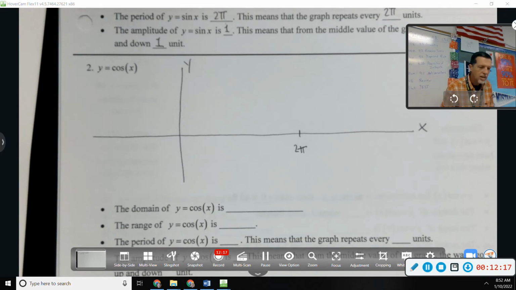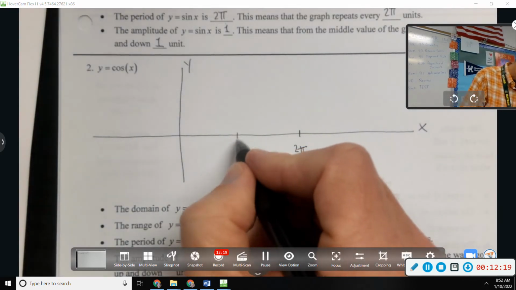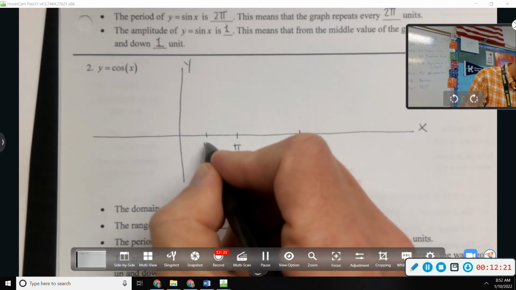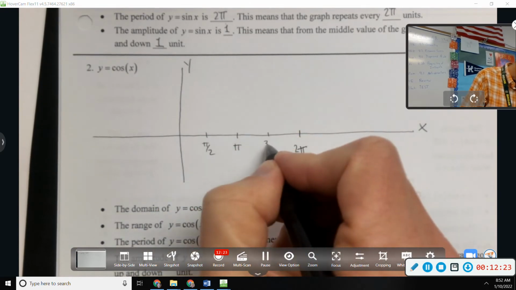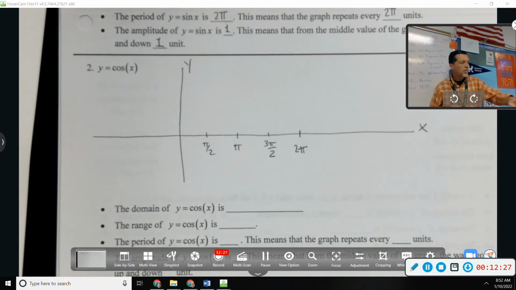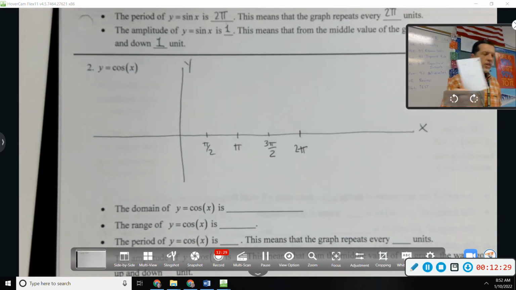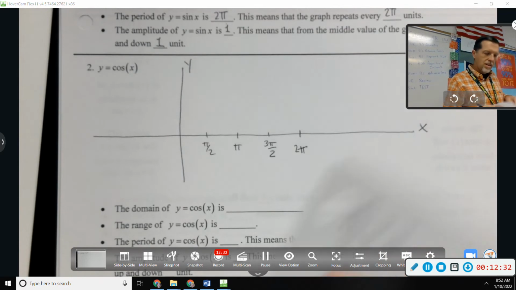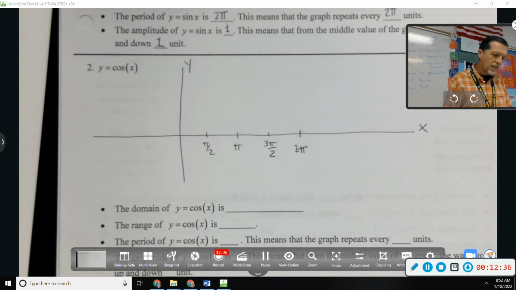Pi over 2, 3 pi over 2. Again, I've still got my table that I'm looking at, except I'm looking at the cosine column, not the sine column.